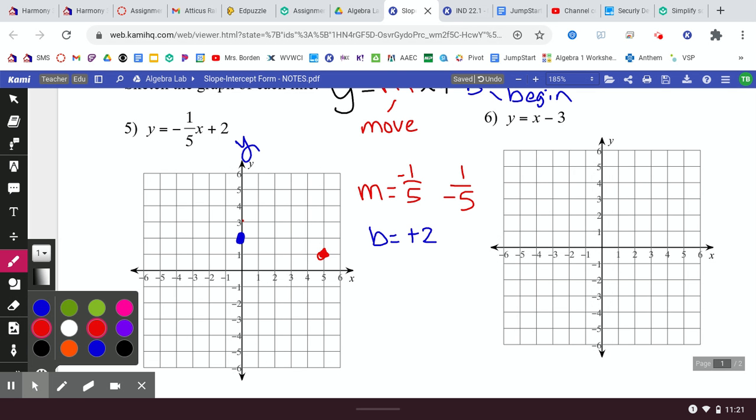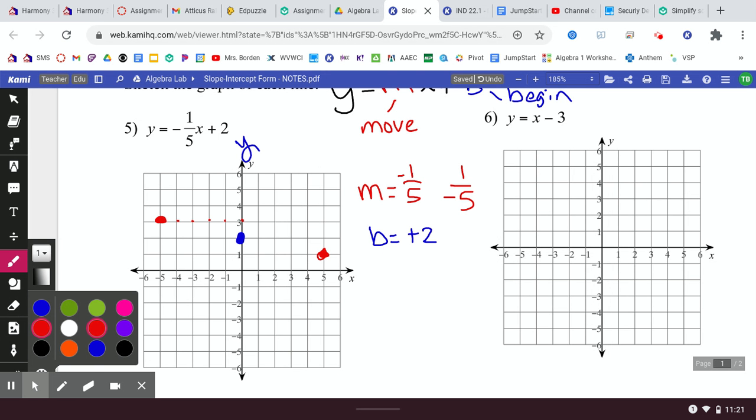And then, Gabby, I hope this answers your question. Now my negative is on the 5, and I'm going to run backwards 5. So I'm going to rise 1 and then run backwards 1, 2, 3, 4, 5, and that's going to put a point here. But notice it doesn't matter because those are all on the same line.